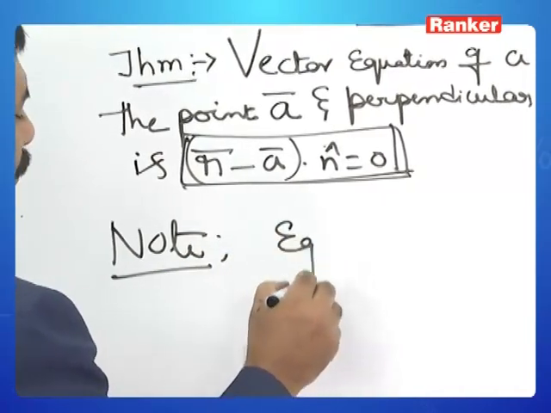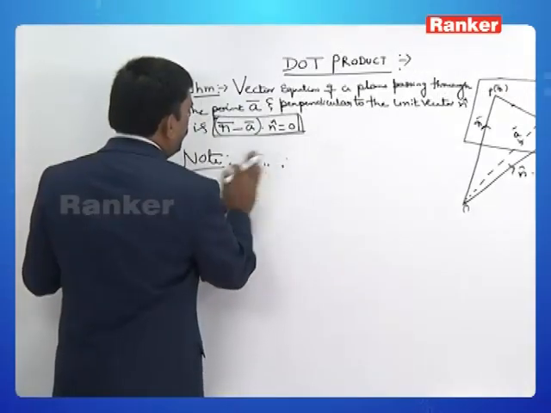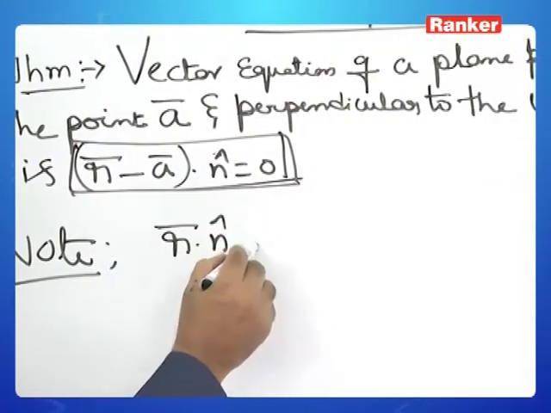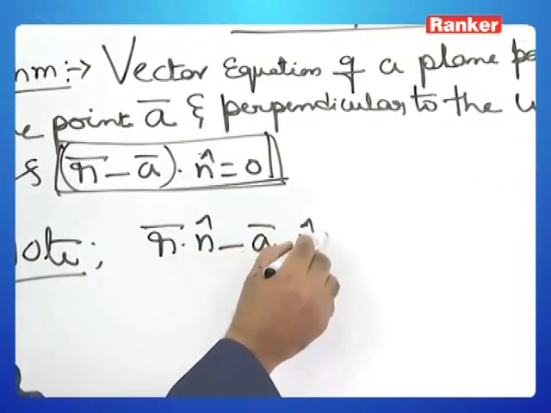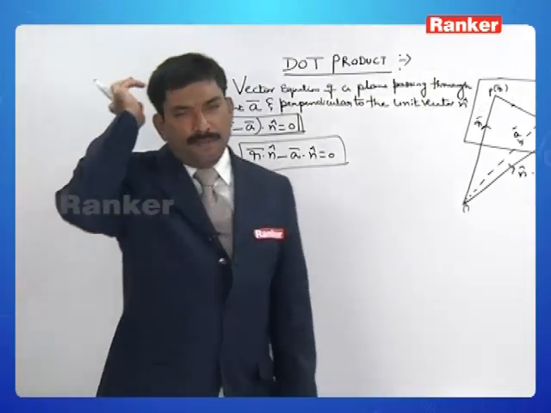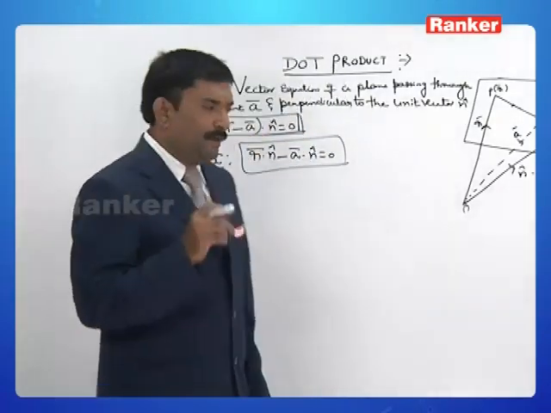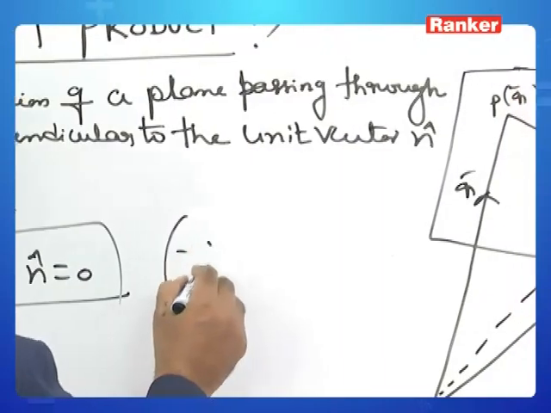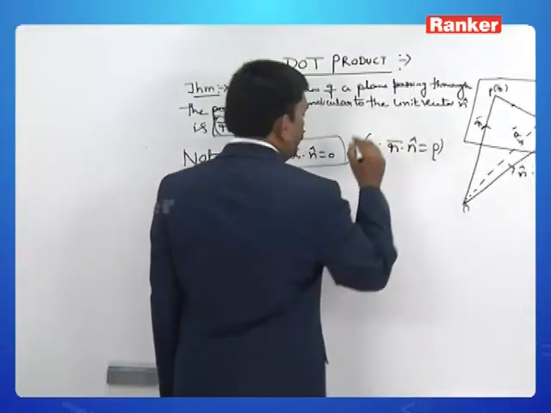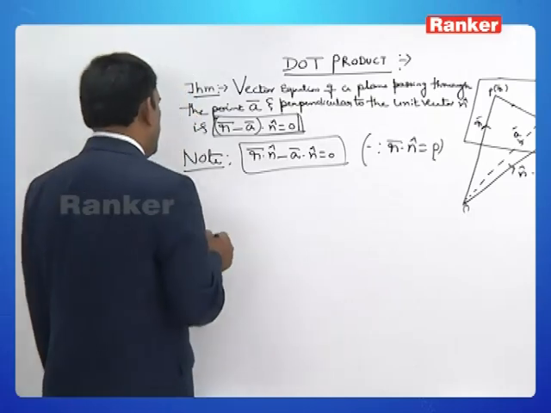In the equation of the plane, directly from this I can write R bar dot N cap minus A bar dot N cap is equal to 0. We know that R bar dot N cap is equal to P. Why I am introducing this P, I will tell later.